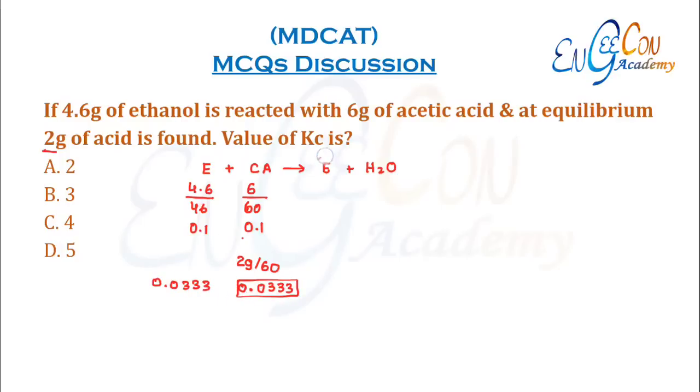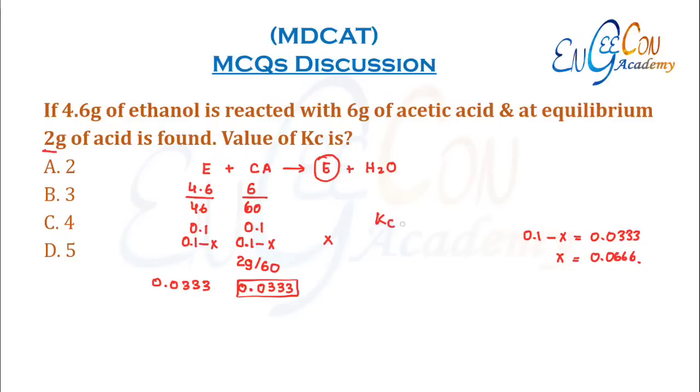Now the concentration of ester at equilibrium would be, so here we have x, here we have 0.1 minus x, and here we have 0.1 minus x. So if 0.1 minus x is equal to 0.0333, so x is equal to 0.0666.